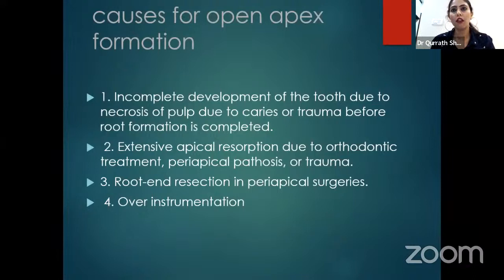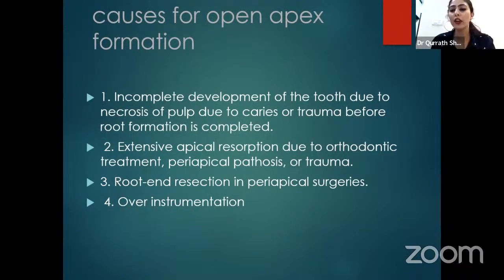If a patient is young, the apex is not completely formed, and then it leads to open apex or blunderbuss canals. Then your root end resection or periapical surgery can also sometimes lead to open apex if it is not done properly.